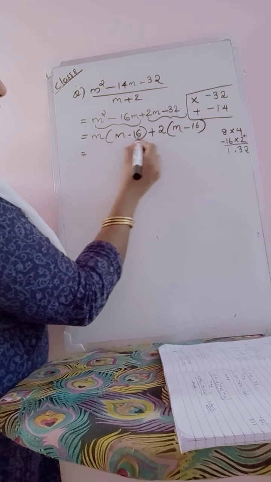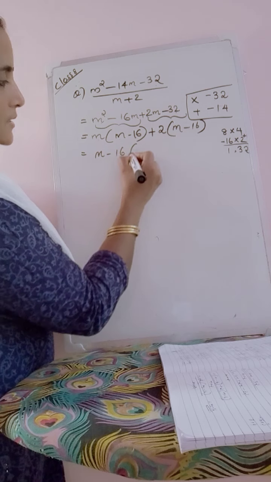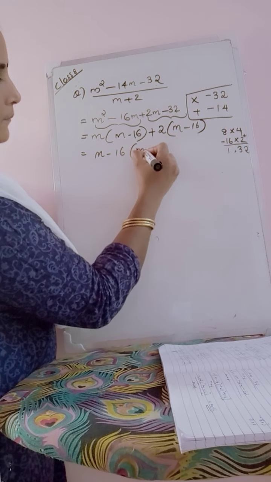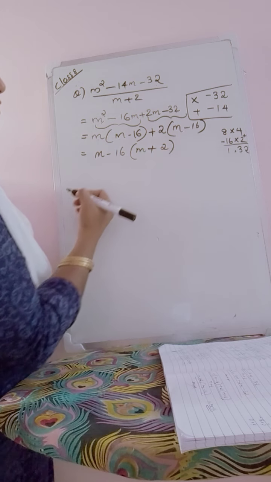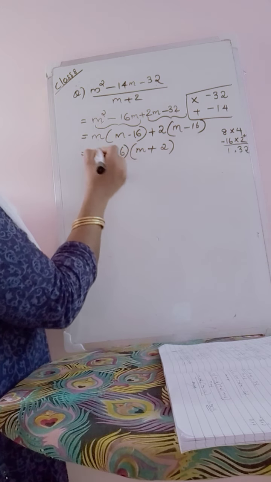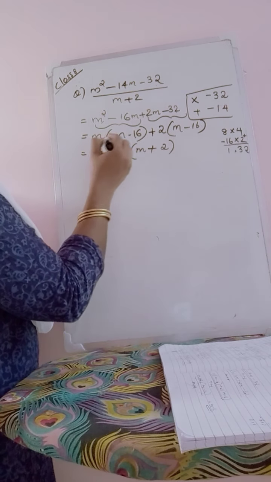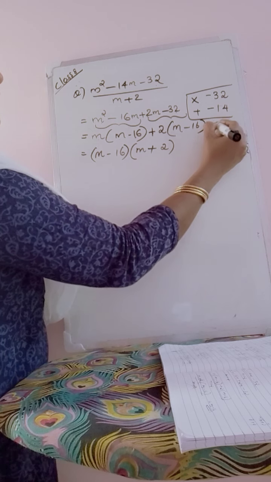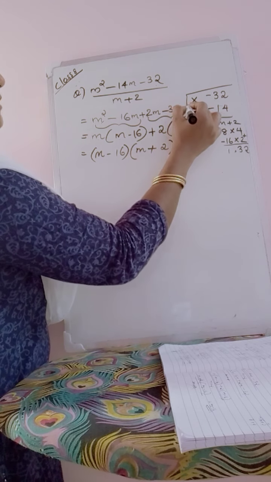So m minus 16 is a common factor. Take it outside. M minus 16 into m, put the sign, 2 remains. So what you get? M minus 16 into m plus 2. Here we have, divided by m plus 2, in the numerator. Divided by m plus 2.